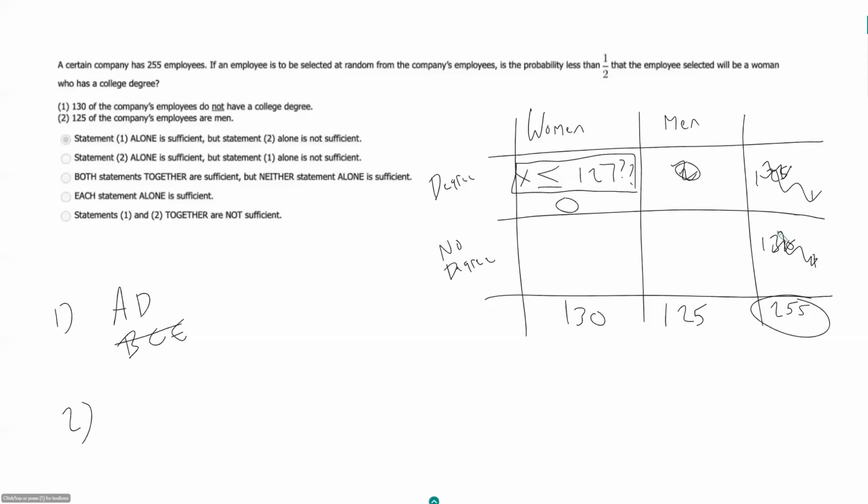So I know my women with a college degree definitely has to be less than or equal to 130, but that doesn't tell me if it's less than or equal to 127, because it could be 128, which is greater than 127, or it could be 125, which would be less. So the second statement is not sufficient, and we are left with just A.